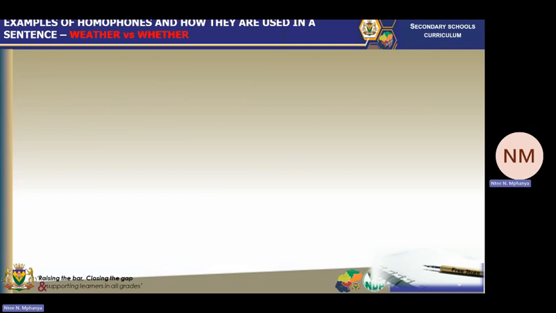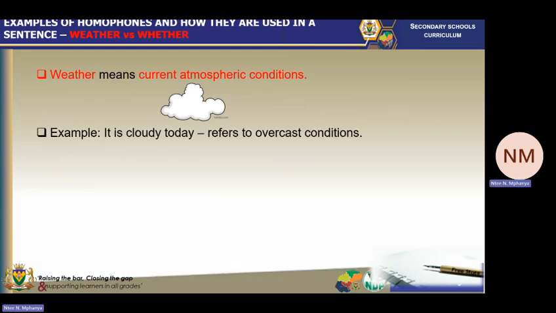Weather means current atmospheric conditions, the one without the double H. Here is a cloud. How do we use it in a sentence? It is cloudy today, which refers to overcast conditions.